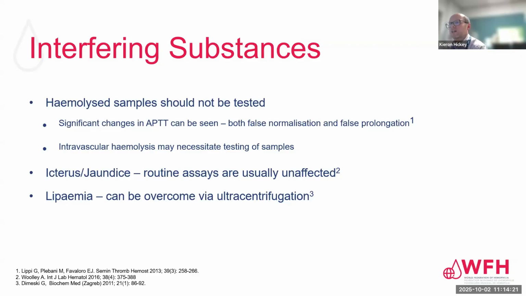And in particular, they can change the results of things like APTT, either causing false normalization, where the true result in the patient is abnormal, but due to the hemolysis effect, you get false normalization, but also a false prolongation, where in the hemolyzed sample, you're getting a prolonged APTT, which may lead to additional investigations, where in fact, in a non-hemolyzed sample, the patient has normal clotting profile.